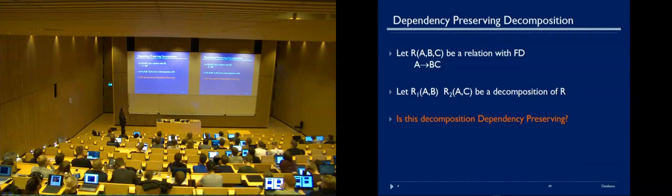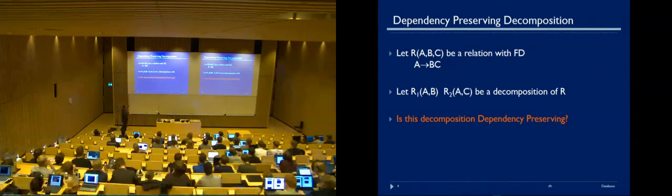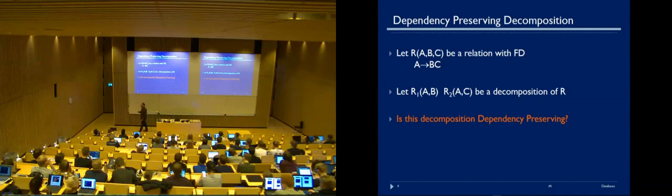I mean, I have put A with B, and I have also put A with C. So, in fact, I'm not losing anything, because I know that A determines B, and I know that A determines C. The fact that A determines B is preserved in the one table, and the fact that it determines C is preserved in the other table. So from that point of view, that's an argument that says it is dependency preserving.